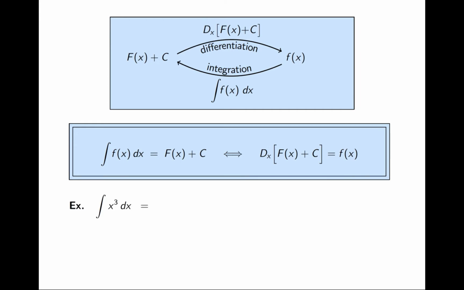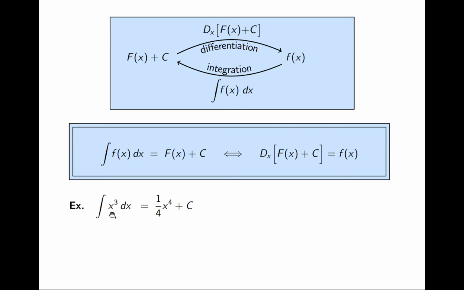I'll give you a few examples of this. Think of the integral of x cubed dx. It would have to be a function big F of x plus c whose derivative is little f of x, whose derivative is x cubed. And if you think about that for a moment, you'll see, oh, it's 1/4 of x to the fourth plus c.